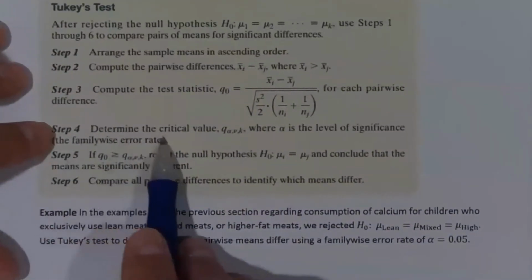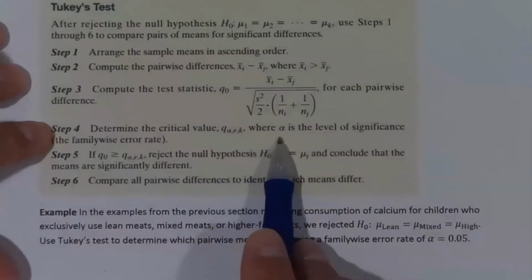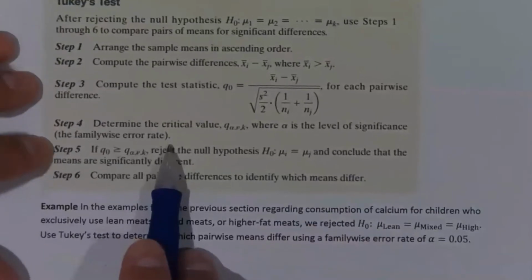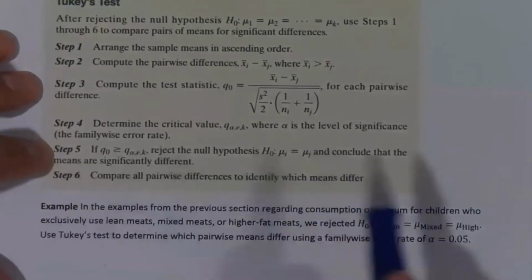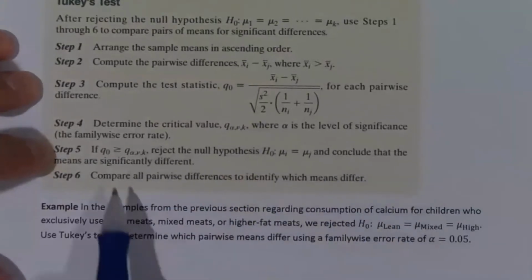Step 4, we're going to determine the critical value, or the Q sub alpha V K, where alpha is the level of significance or the family-wise error rate. We're going to compare each of our test statistics to that critical value.